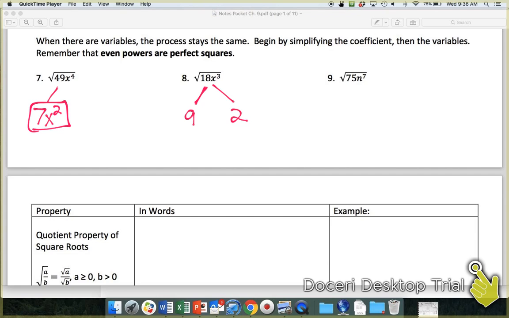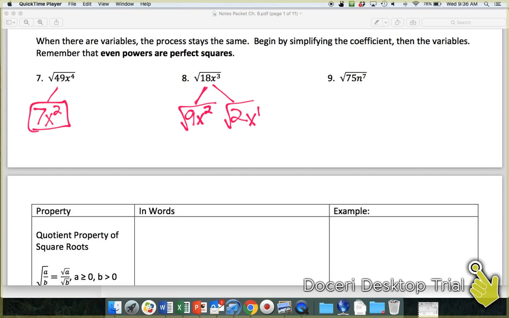Now we break x3 into the largest even number next to 3, so x2 here and x1 over there, because you can divide this by 2 but you can't divide that by 2. So I broke this into 9 and 2, and then x2 and x1. You just bring the even number over here, and then a 1 over there. Anytime it's odd, a 1's always going to come over here.